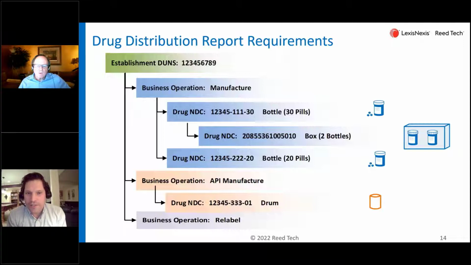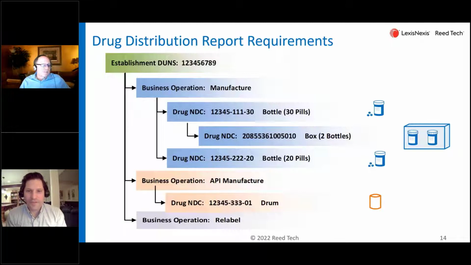A lot of the questions we're hearing are, what happens when it's a drum, but the drum isn't showing the exact amounts in the drum? Well, you're letting them know how many drums you're shipping out. Yeah, absolutely. There are a lot of questions that need to be fleshed out, and as these reports come due, I think the FDA is going to have to field a lot of questions, and hopefully in a year or two it will settle down and be a little more well established. But right now it's in a state of flux.